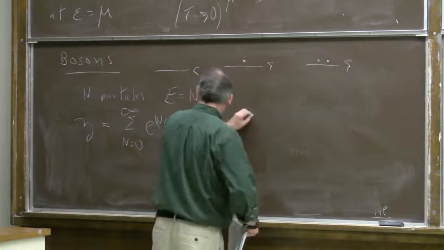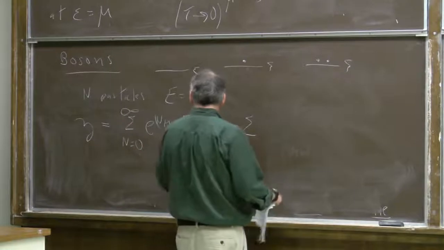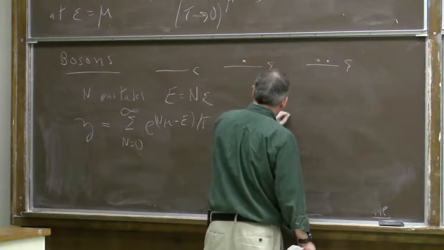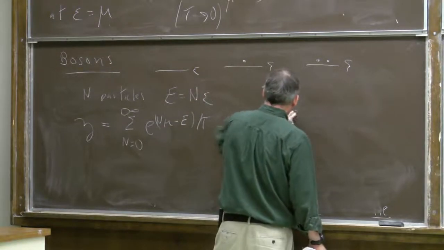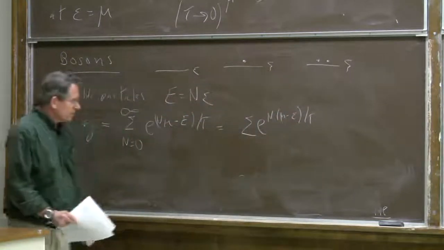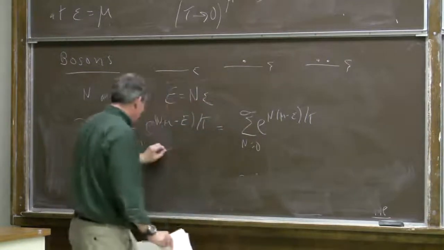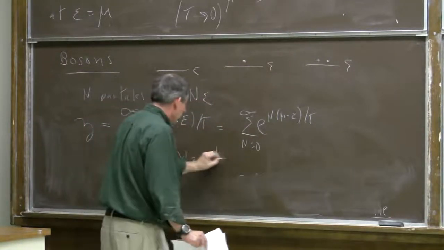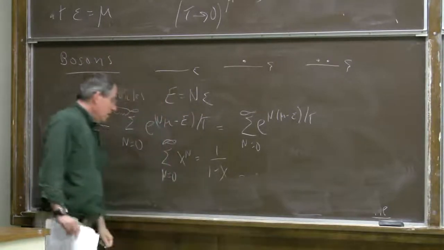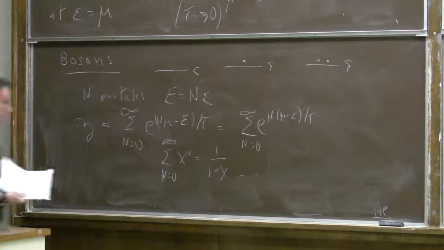So it's the sum of, I guess I can write it as e to the n, mu minus epsilon, now little epsilon for the energy of the orbital, divided by tau. So it's just a geometric series when I sum from 0 to infinity. The sum of x to the n is 1 over 1 minus x, when n is summed from 0 to infinity, at least if x is less than 1.